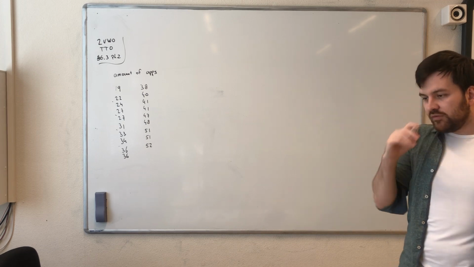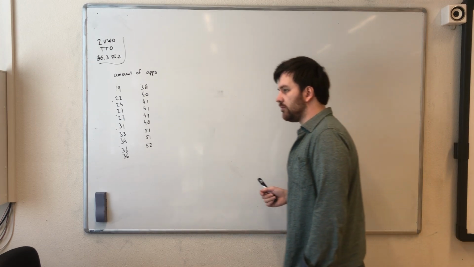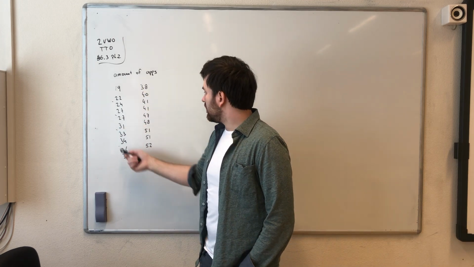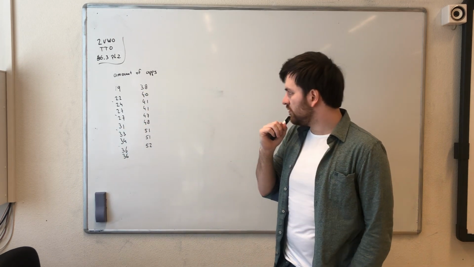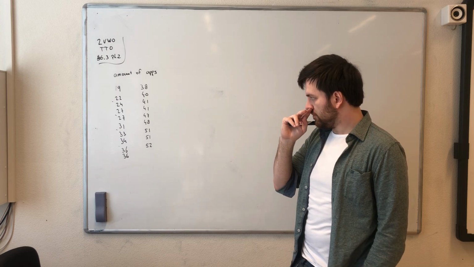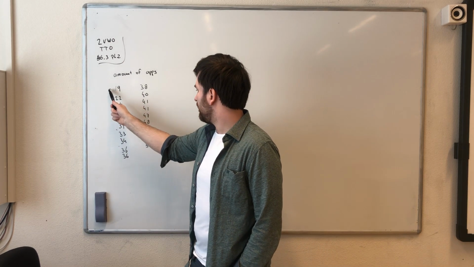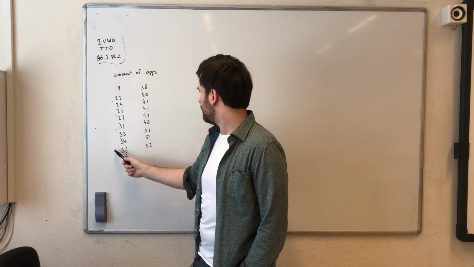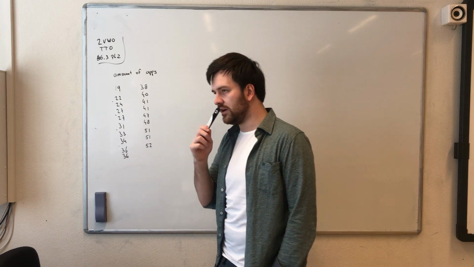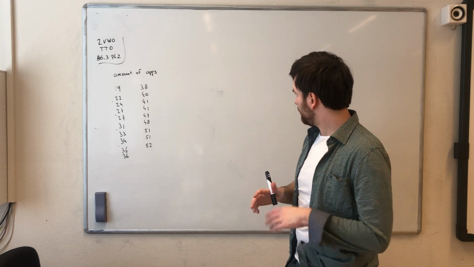Okay, so if we want to make a stem and leaf diagram, we're looking at all of these numbers, and most of these are somewhat close together. So we have numbers that start with a 1, numbers that start with a 2, with a 3, with a 4, and with a 5. So we're going to make two groups.